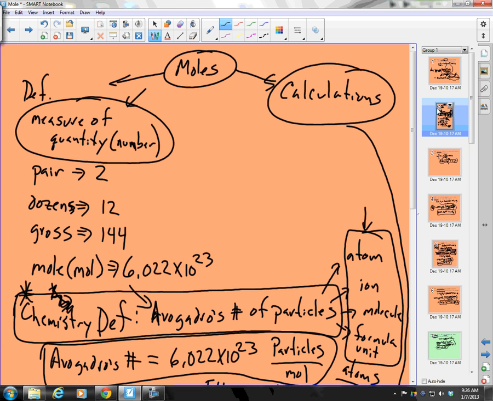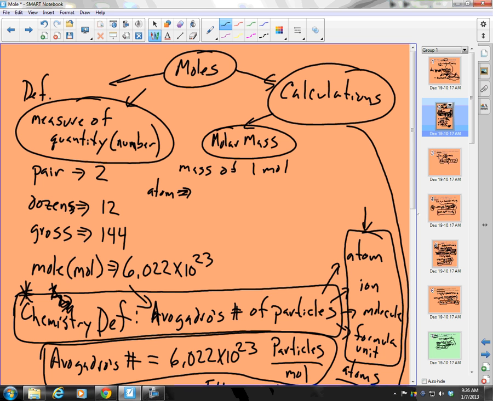Okay, calculations. Somewhere under calculations, put over here molar mass. Molar mass, right? And we said that that is the mass of 1 mole of stuff. And now if I have atoms, then for an atom, the molar mass equals the average atomic weight, right? Good. What about if I have a compound? What does that equal to?